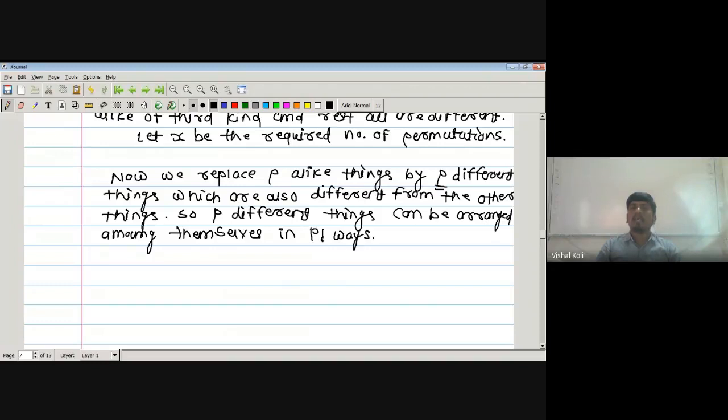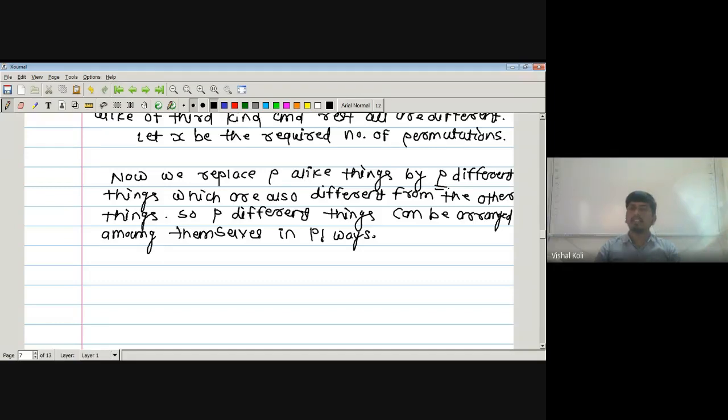Since if there are n different things and we have taken all these n things at a time, then the number of permutations will be equal to n factorial. We have already proved this in the last lecture. So here we have taken p different things instead of p alike things.